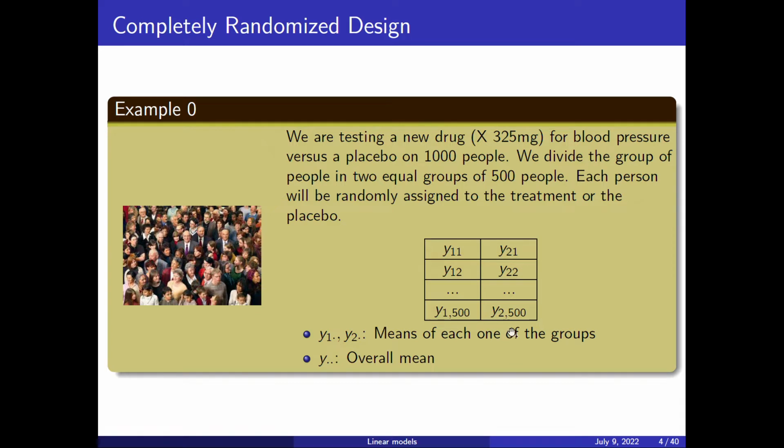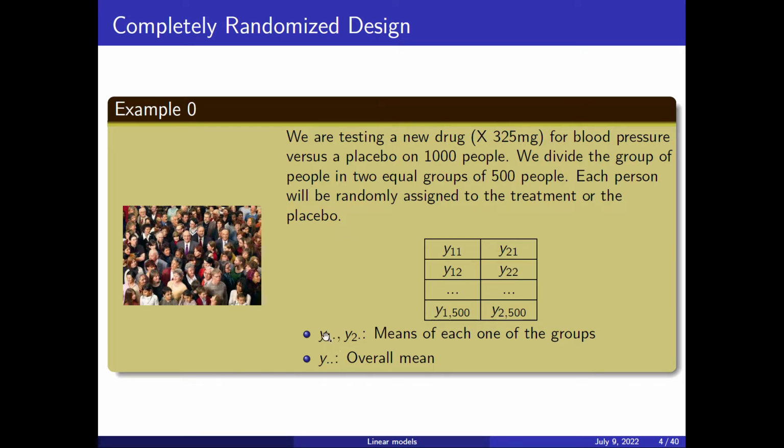and the same for the second group. And then we can compute the mean of each one of the groups, so the mean of all the people receiving the placebo and the mean of all the people receiving the treatment. We don't care about the specific person, so we average over the persons, and then we have an average of the group.